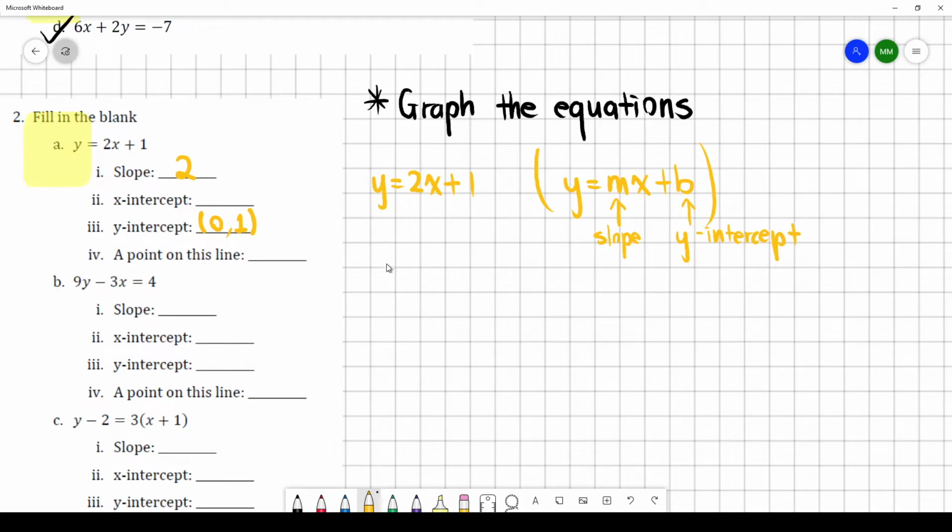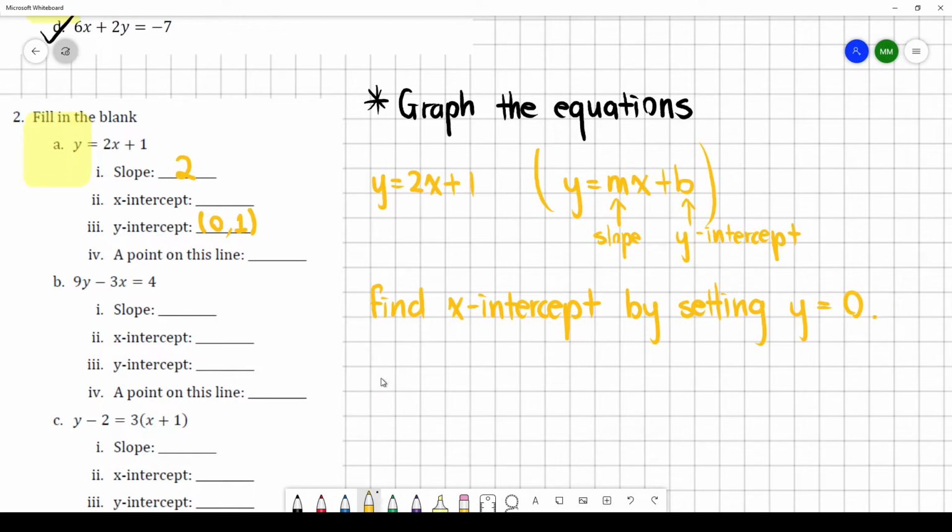So we find the x-intercept by setting y equal to 0.